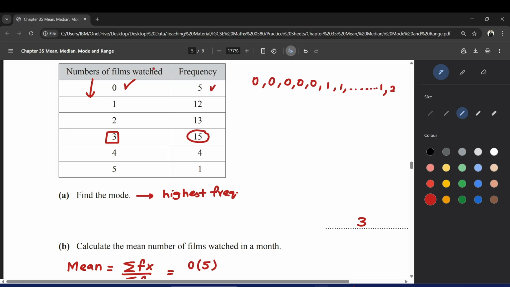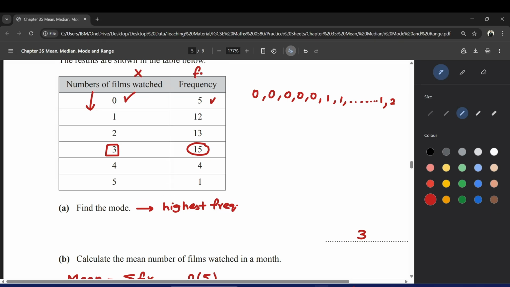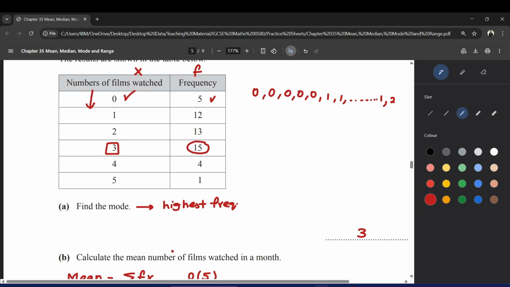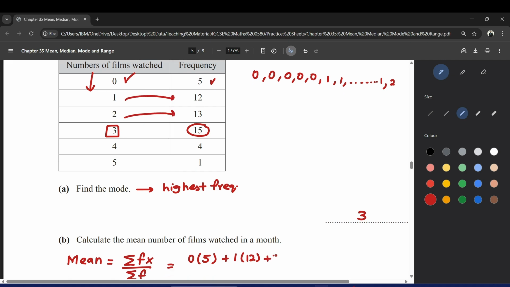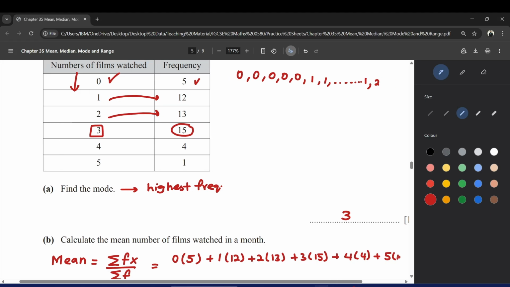So this is my x and this is my f. So we have to do fx, right? Plus, then 1 multiplies with 12, so this multiplies with this. So 2 times 13, then 3 times 15, then 4 times 4 plus 5 times 1.